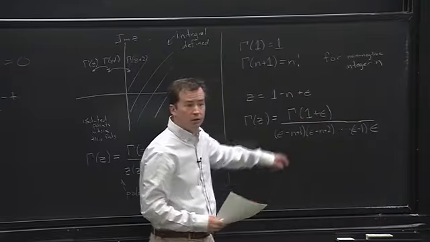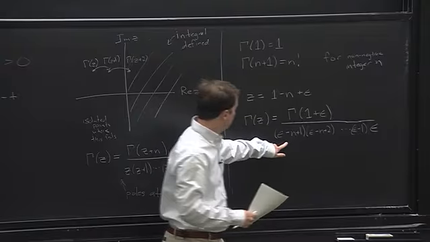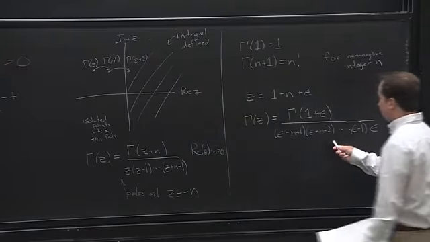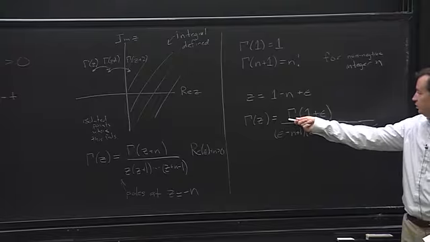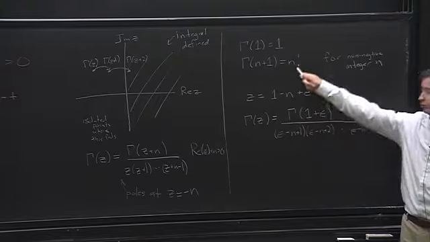And if we take epsilon to 0, this just gives us gamma of 1, which is 1.